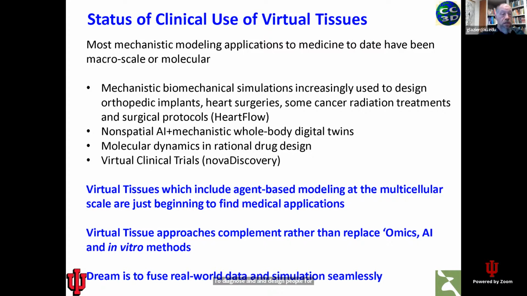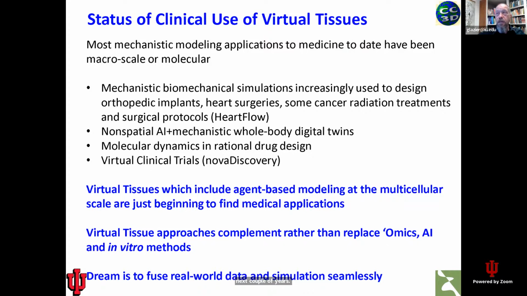And they just raised almost $500 million a few months ago in their commercialization. There's nothing comparable to that in the multicellular world that we're working in, but perhaps one of you will be the one to do that in the next couple of years.